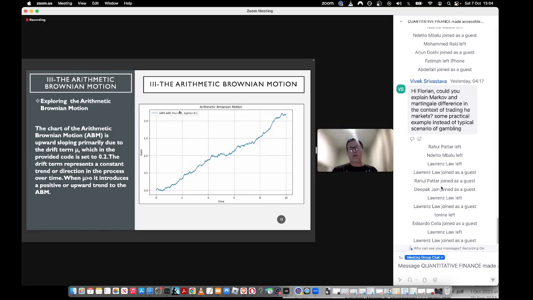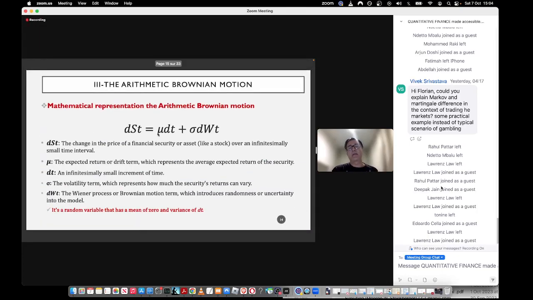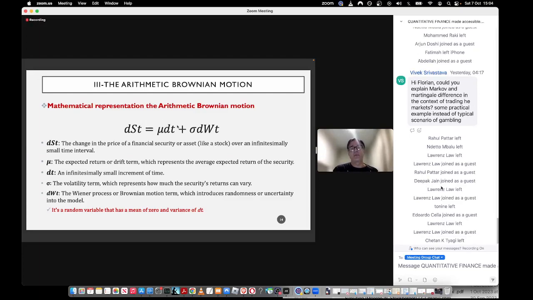Why? Because of mu, which in the Python script was set at 20%, with sigma at 10%. It's the deterministic part, like the slope in an equation, and to some extent it drives the stock up, because the expected return is positive, here 20%.